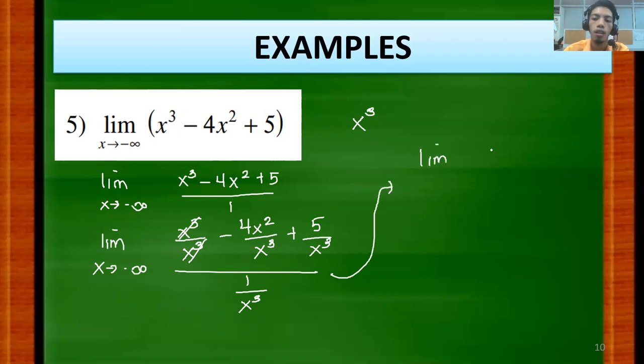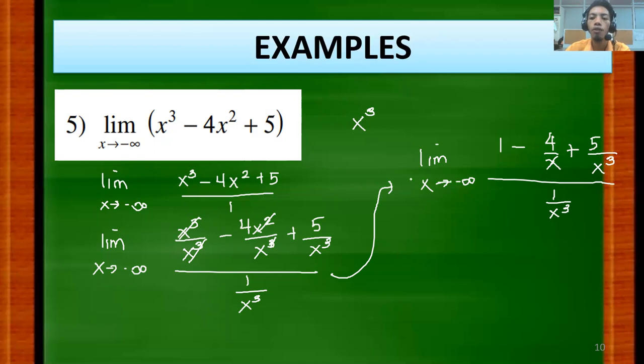The limit will become 1 minus, x squared cancels, and there is an x left at the bottom. So you have 4 over x, and then plus 5 over x cubed, divided by 1 over x cubed as x approaches negative infinity.